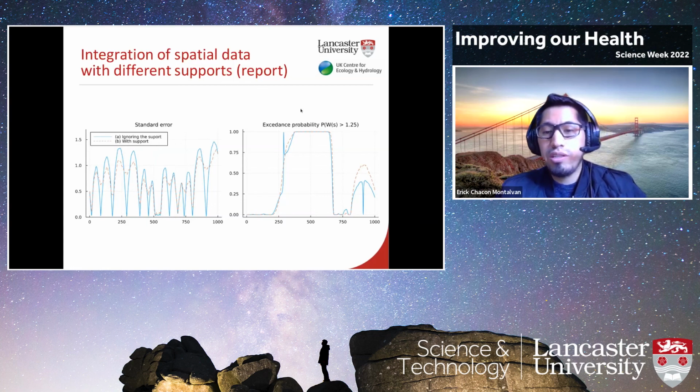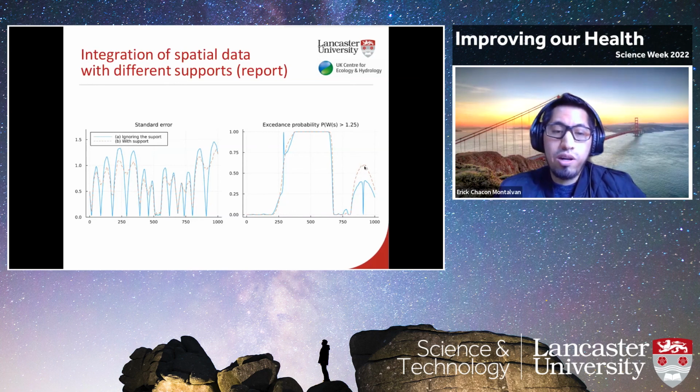Imagine that we are interested in computing the exceedance probability, in this case the probability that the additional risk of having this disease is greater than 1.25. Around this x-axis level, you can see that with our approach this probability is greater than 0.5.